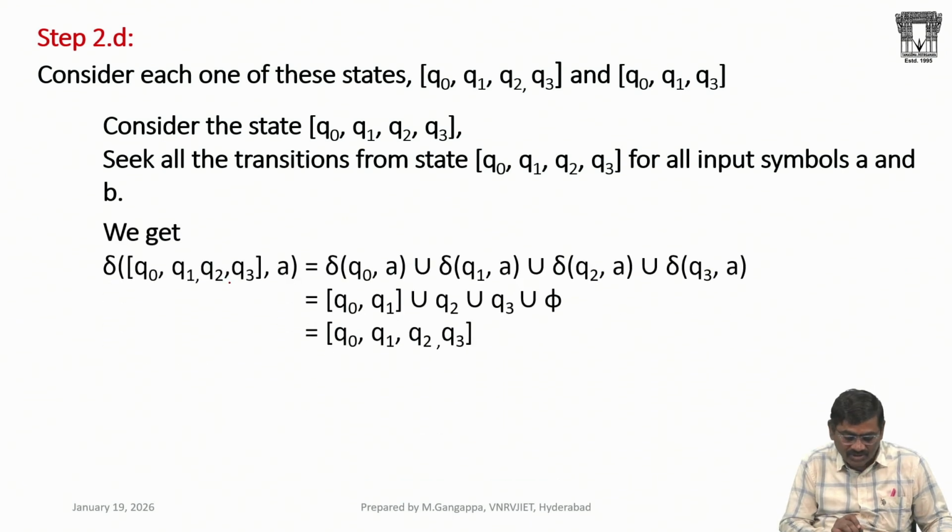Q0 Q1 Q2 Q3 with input A can be expanded like this: Q0 on A, what is this? Q1 on A, what is this? Q2 on A, what is this? Q3 on A, what is this? So this can be expanded as shown here.